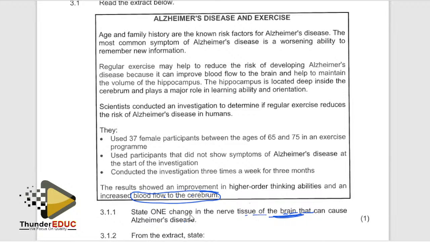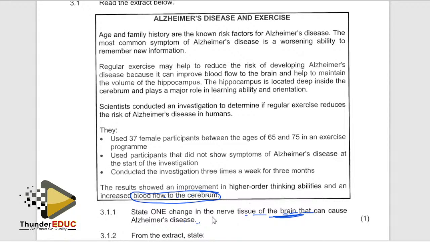Saying state 1, change in the nerve tissue of the brain if they are damaged. Basically, it leads to damaging of the nerve tissue that can cause Alzheimer's disease. Once the tissue is damaged, then automatically you're going to have Alzheimer's disease. But also reduced blood flow to the cerebrum will lead to Alzheimer's disease.